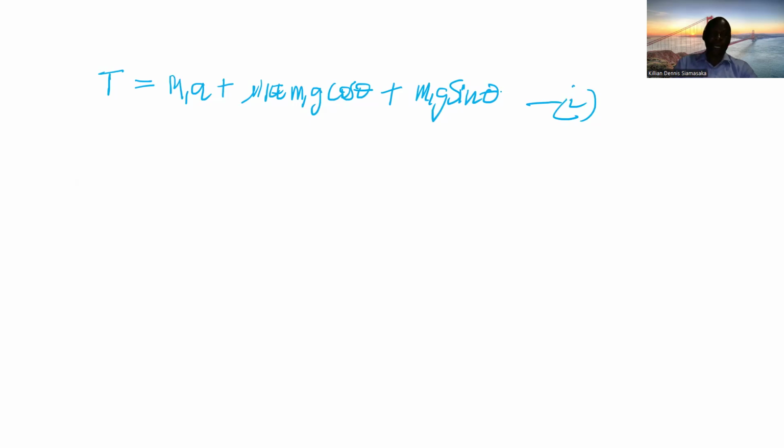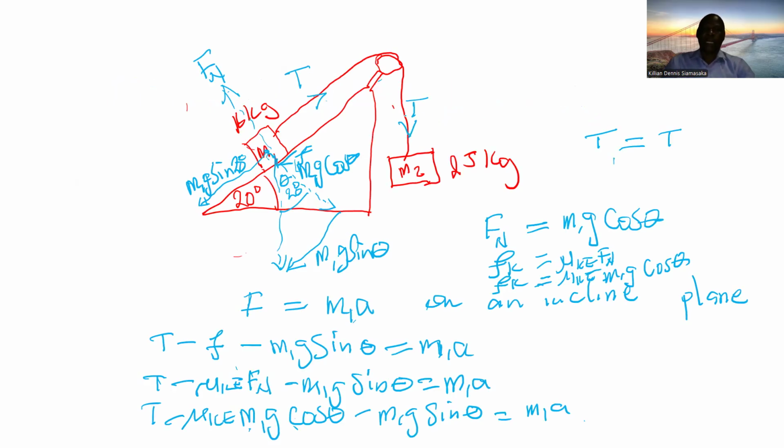And so the other equation which we have is based on the other object, mass 2. We know that this object is moving downwards, meaning that m2 g, the weight of this object, is greater than the tension.